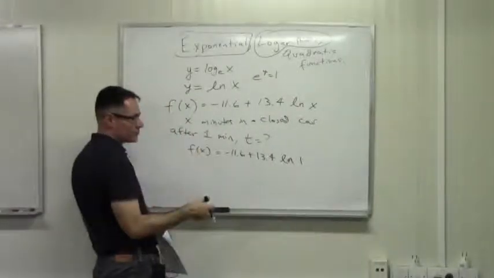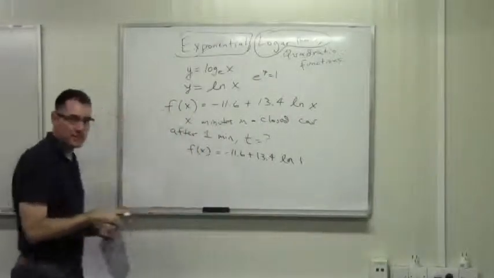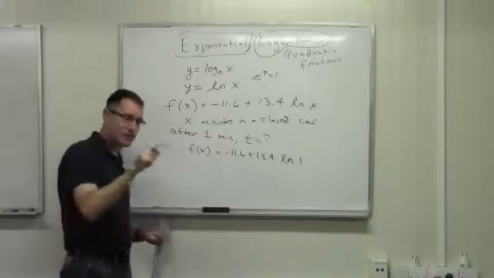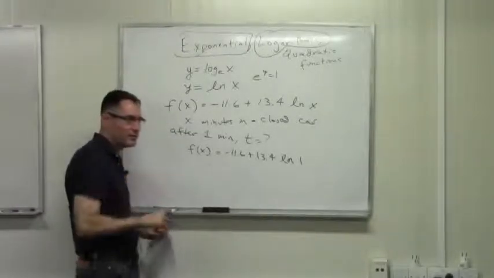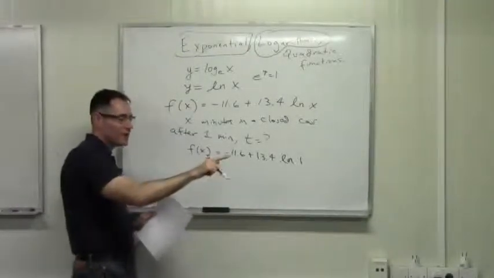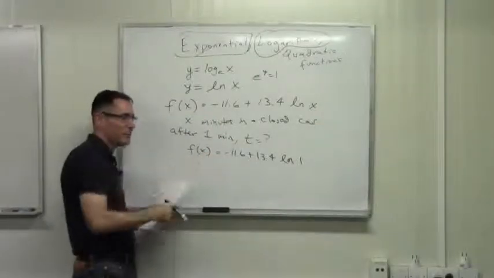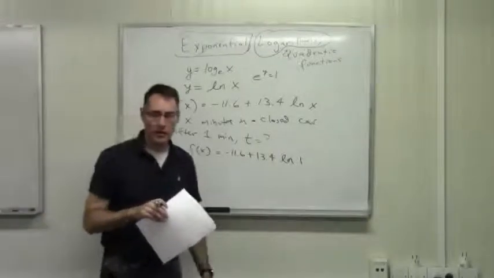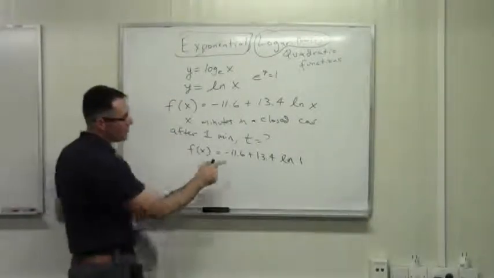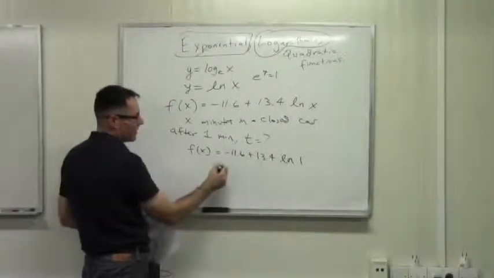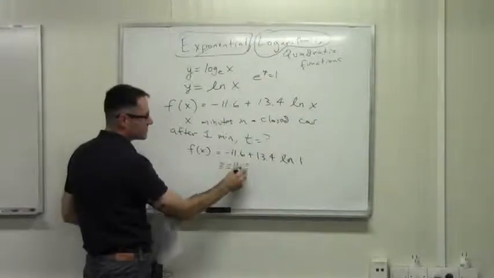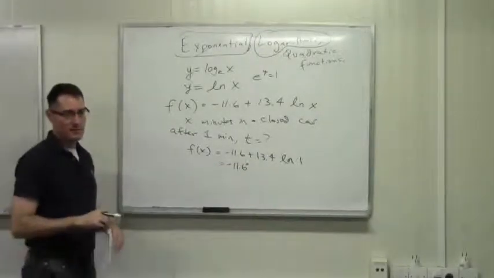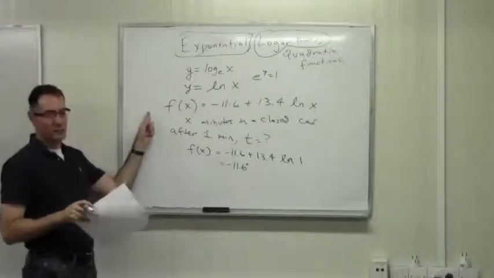What raised to anything equals 1? 0, right? Type this into your calculator. If your calculator is the other way around, you probably have to type 1 and then ln. What do you get? 0. So you're going to get negative 11.6 degrees. That doesn't make any sense.